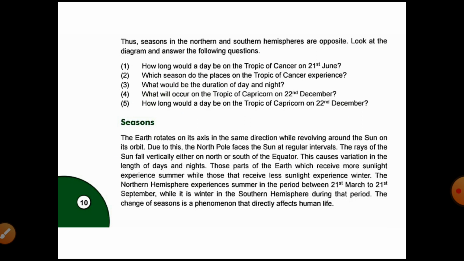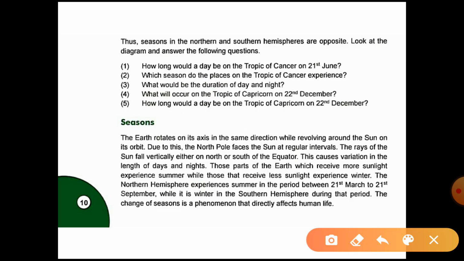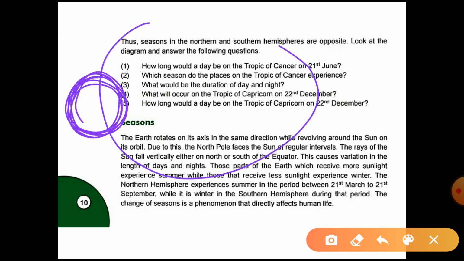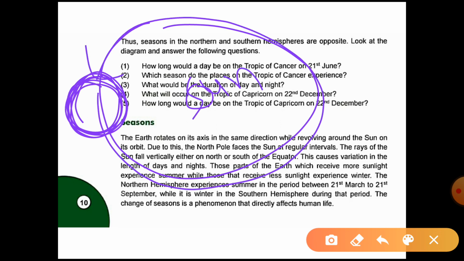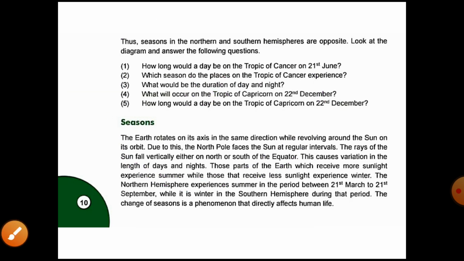For example, the earth is rotating in this direction, and at the same time the earth is also revolving around the sun, while it is rotating on its own axis.